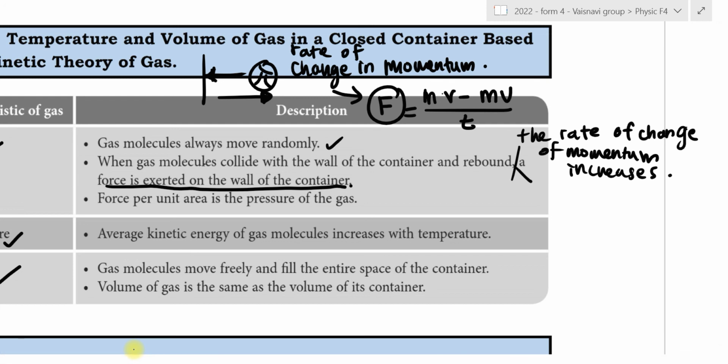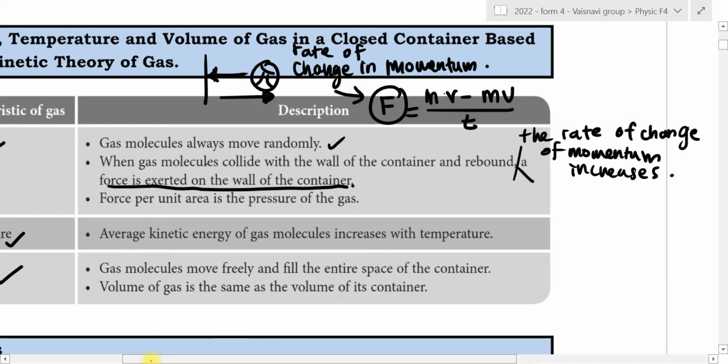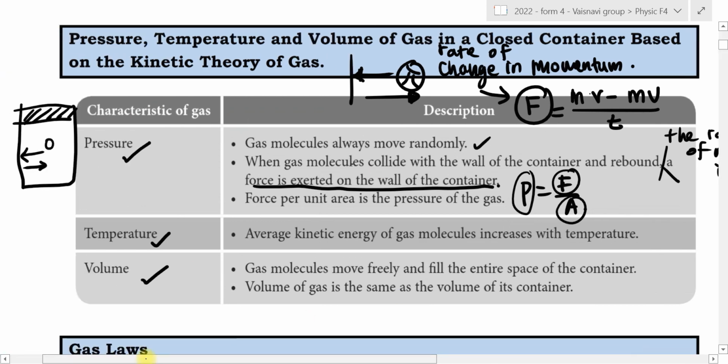So when a force is exerted on a particular area of the wall, what happens? Pressure equals force over area. So here force is exerted on a certain area, so gas pressure is produced. The force per unit area is the pressure of the gas. So they are interrelated.